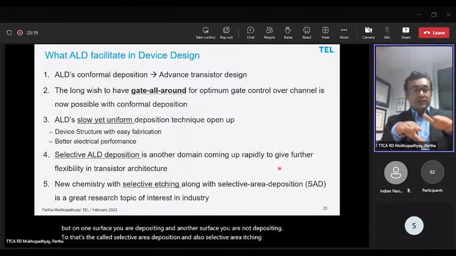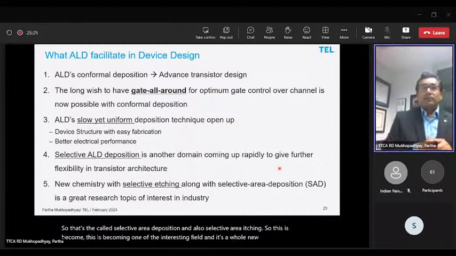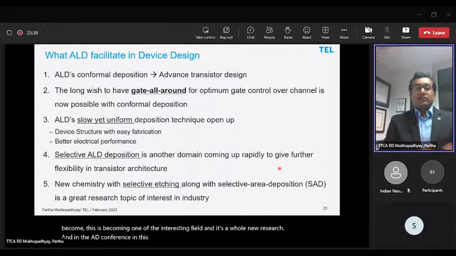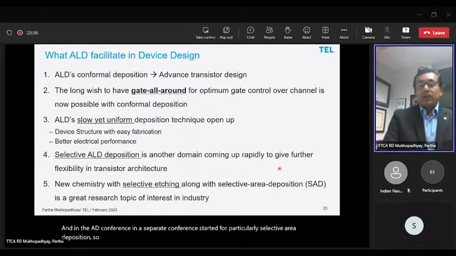This is becoming one of the interesting fields, and a separate conference has started in the ALD community particularly for selective area deposition. So you can imagine how interesting the topic is.